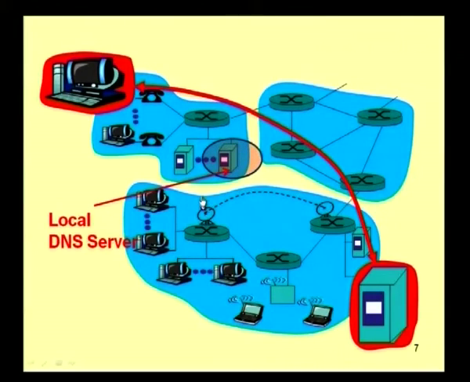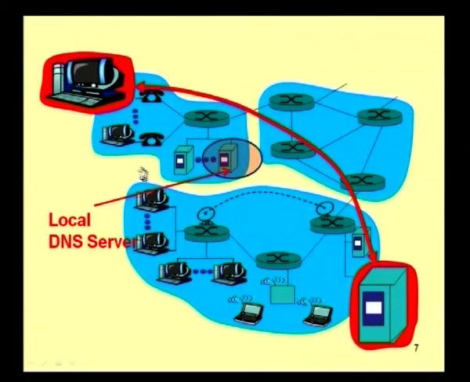So remember what happens in the DNS protocol. When a request is made by a client to the local DNS server, the local DNS server will check whether the information is available with it. If the information is available in the local DNS server, it will give the reply back, that is the mapping, the matching IP address for the given domain name, back to the machine.